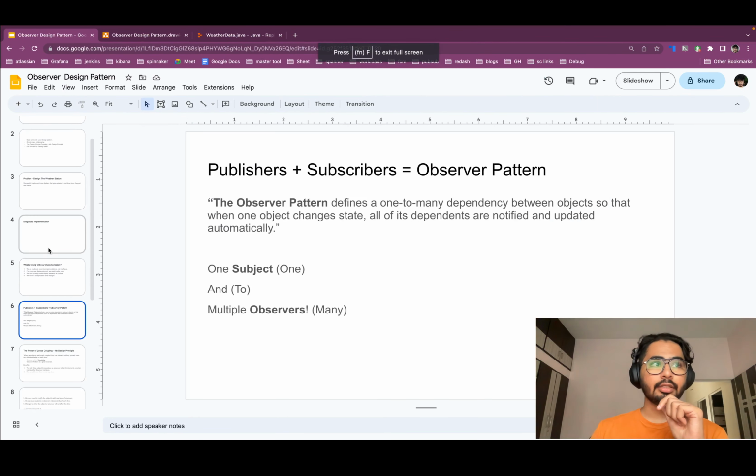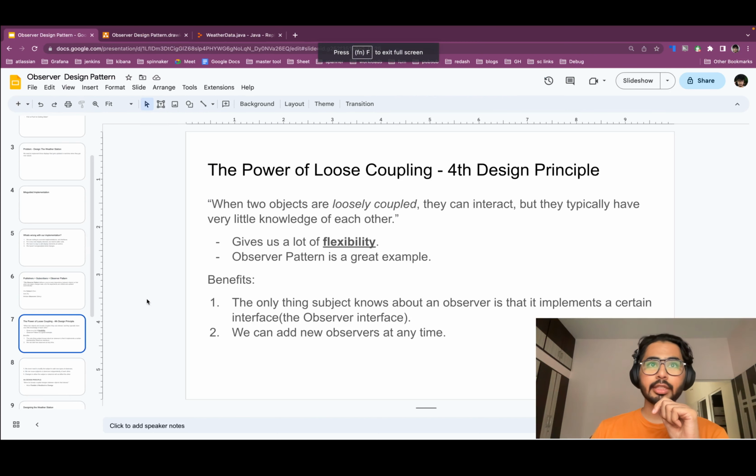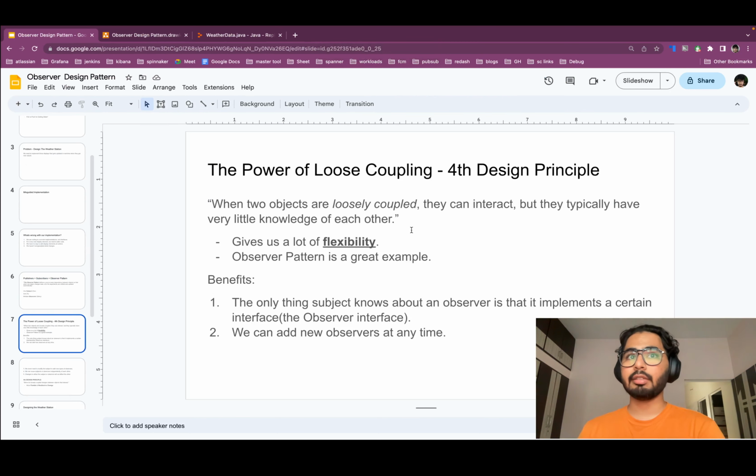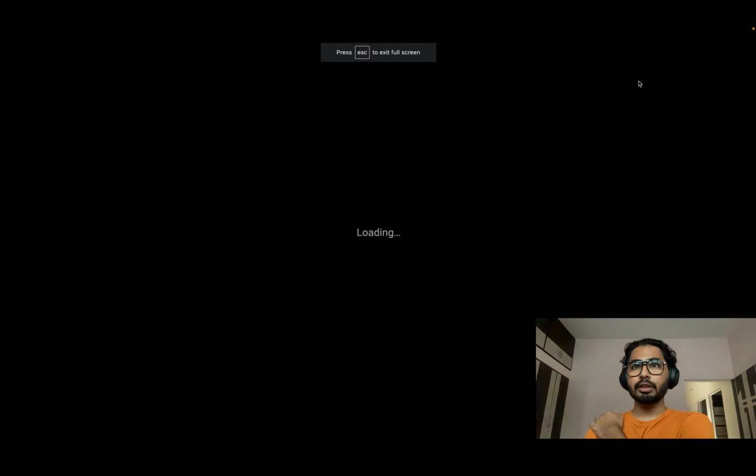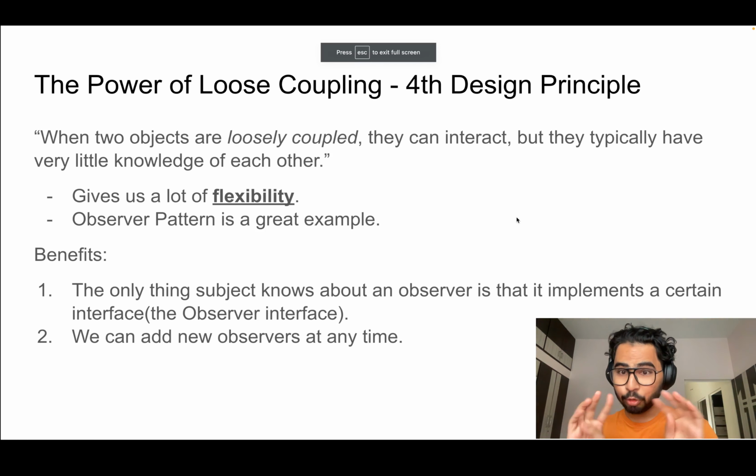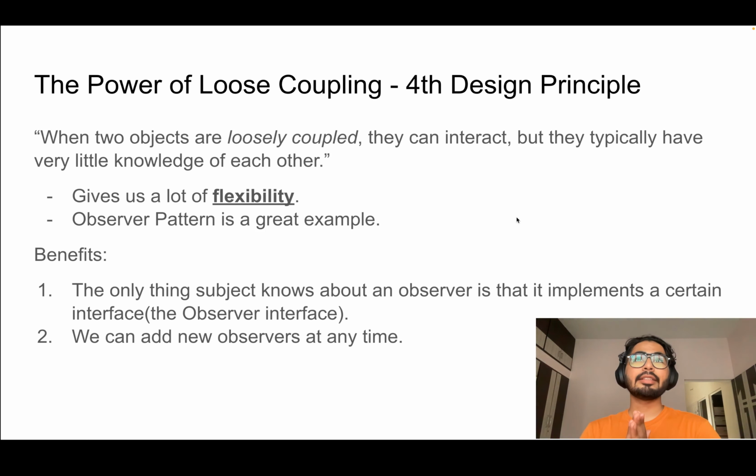How can this design help us, what is loose coupling, and how will this design help us? So, the power of loose coupling. This is our fourth design principle, and it says that when two objects are loosely coupled, they can interact, but they typically have very little knowledge of each other.